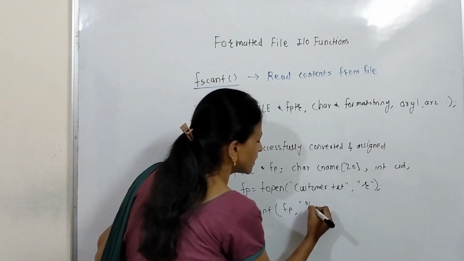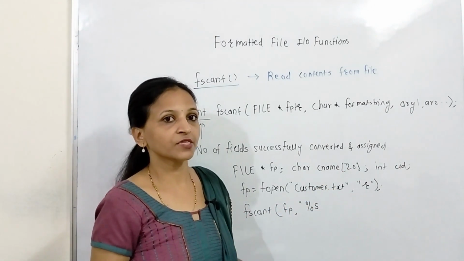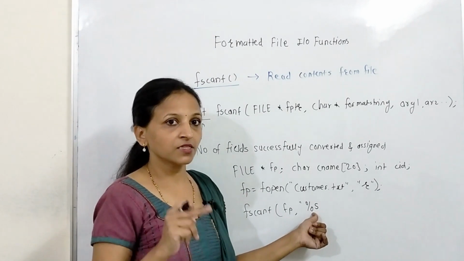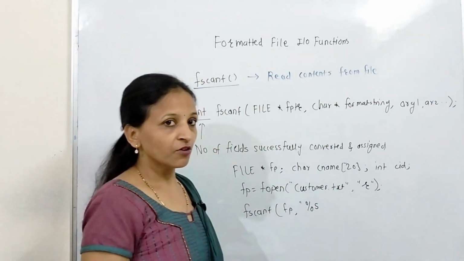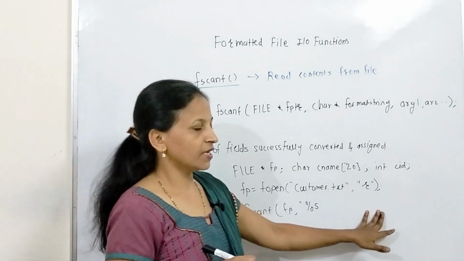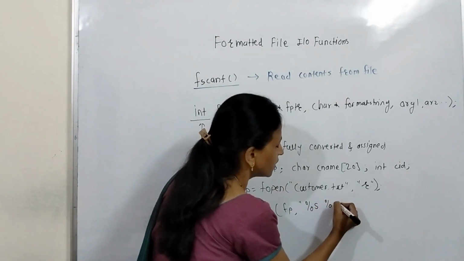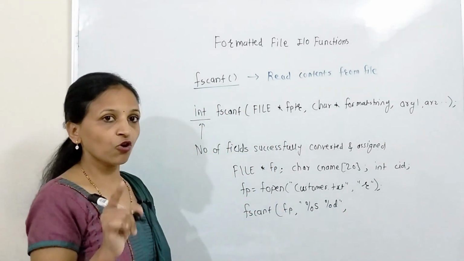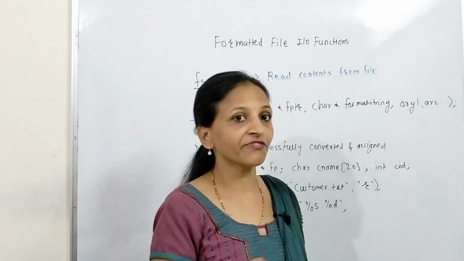The first one is %s. Why? Because cname, the customer name, is of type string. Here we will not use the ampersand. We know that while accepting a string from the user with scanf, we don't use the ampersand with the variable name. So first %s, then the second one is %d. Next, after the comma, in scanf we normally use the ampersand with the variable name if that variable is not of type string.